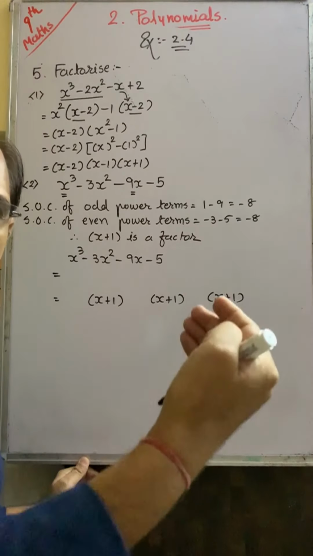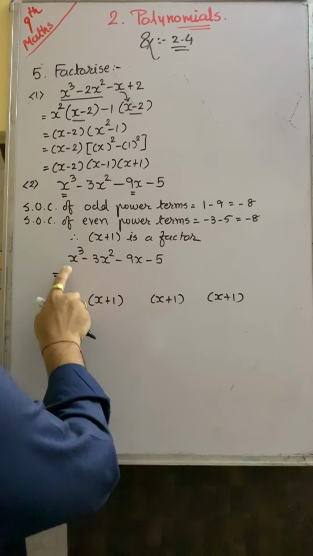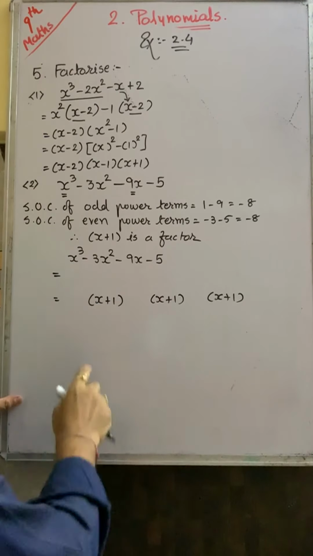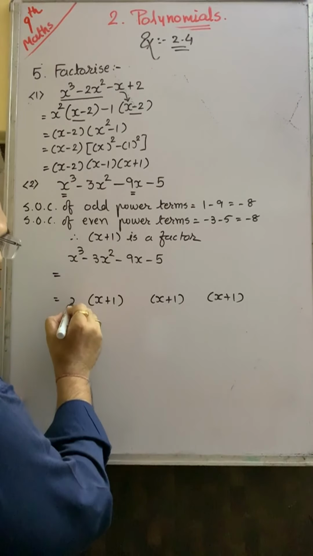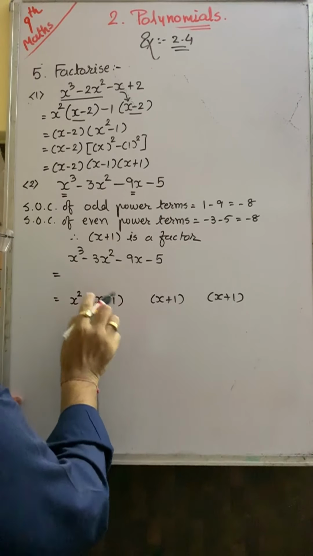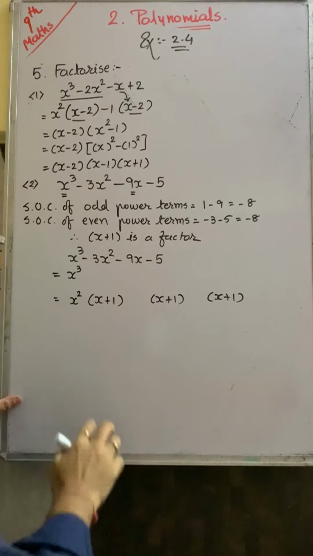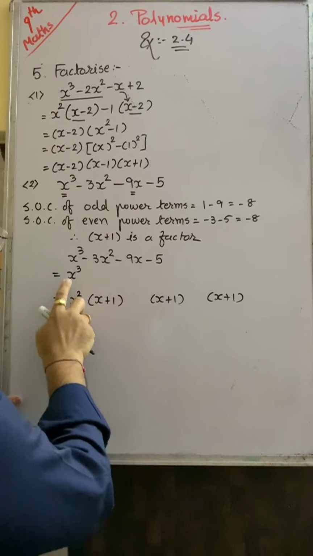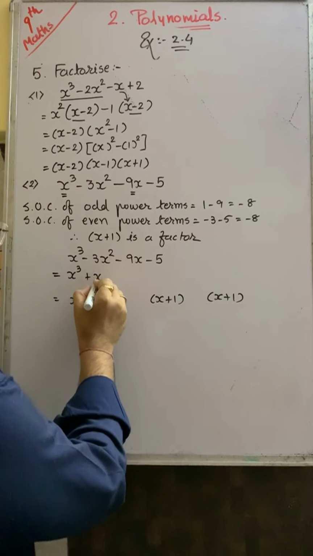Now I do the reverse sum. See in this way. I have x inside it. I want x cube. So what should be multiplied with x to get x cube? I should multiply by x square. X square into x is x cube. So the first term is there. Now multiply this, x square times 1 gives plus x square.